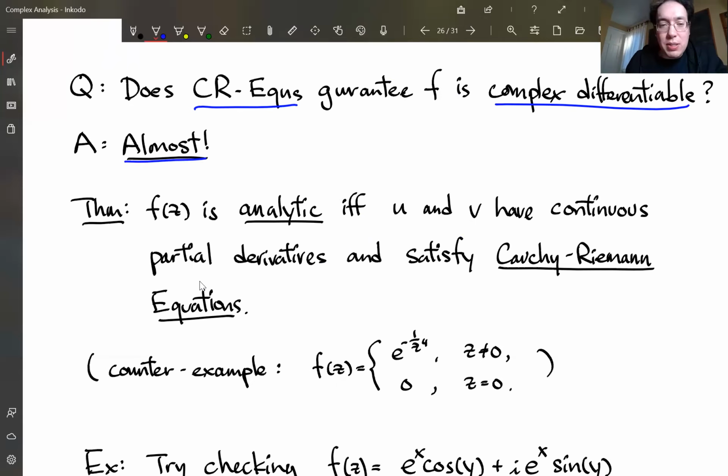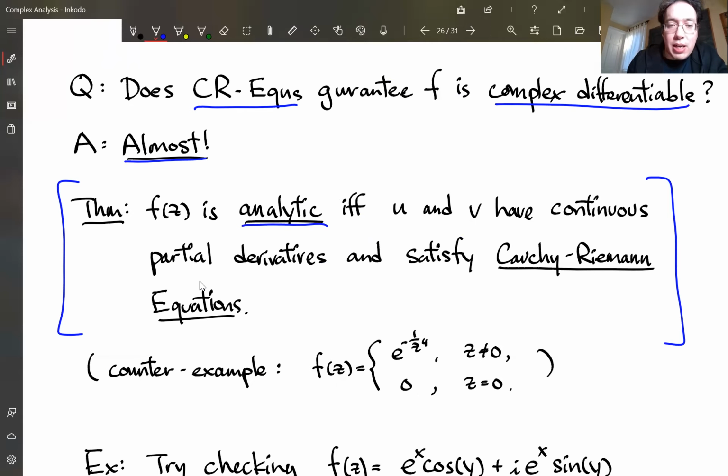So here's a theorem, which I will not prove. f of z is analytic, and when I write analytic, think complex analytic, if and only if u and v have continuous partial derivatives and satisfy the Cauchy-Riemann equations.